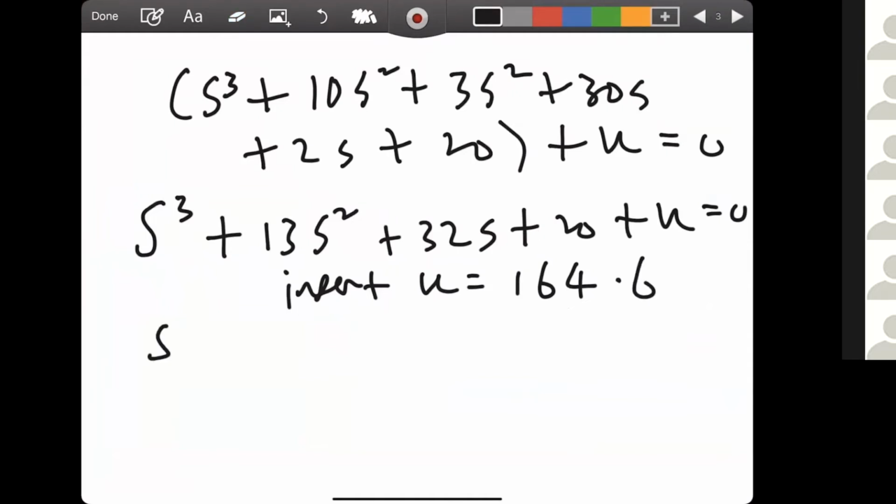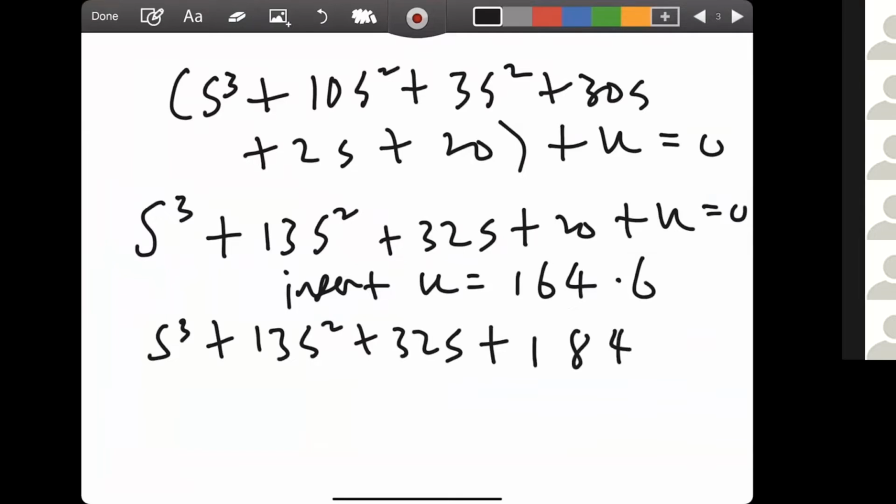So dia akan jadi S cubic plus 13S square plus 32S plus 20 plus K, 184.6 equal to 0. Kira roots dia. S cubic plus 13S square plus 32S plus 184.6. Berapa?